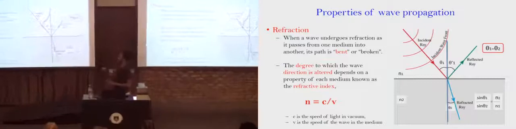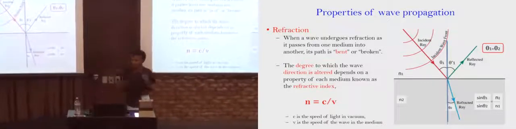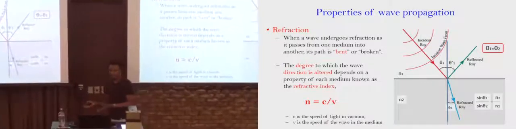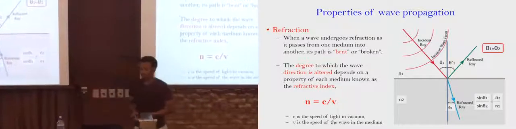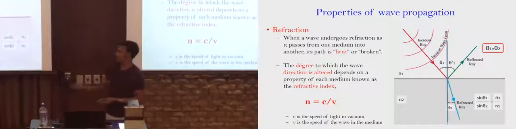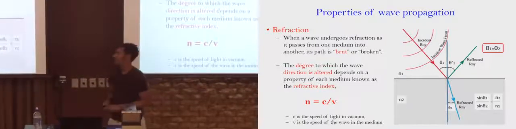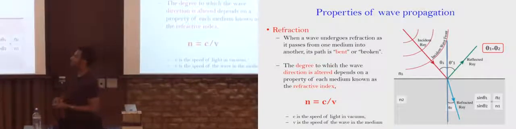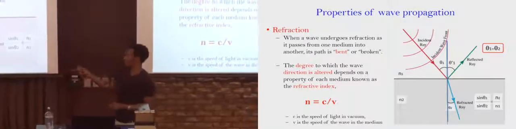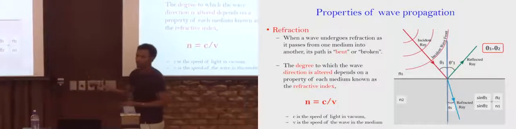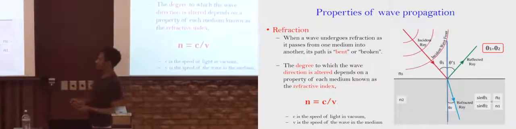When a wave undergoes refraction as it passes from one medium to another, it will bend, meaning the direction of propagation will change, because some of the energy will be attenuated in the medium and the energy will decrease, as well as the direction changing.